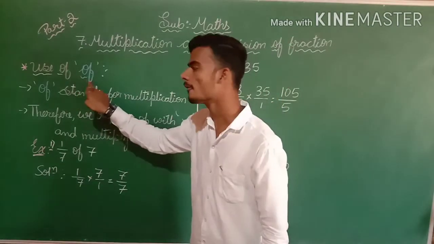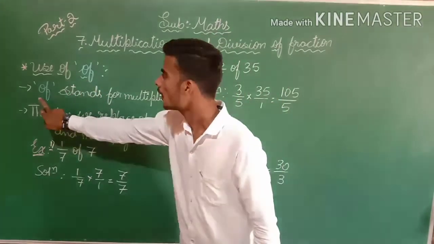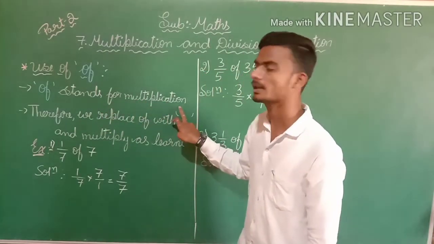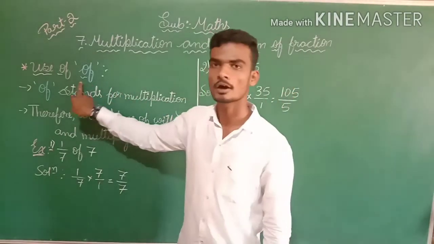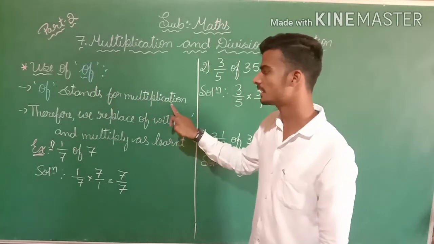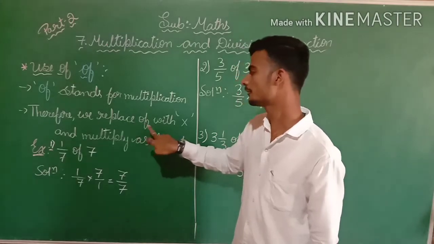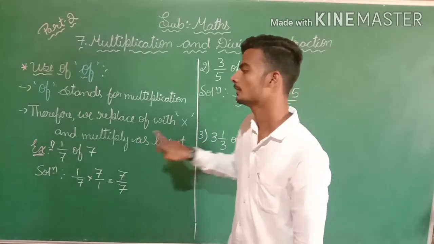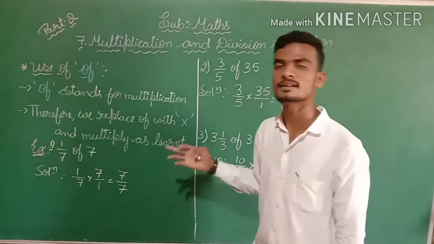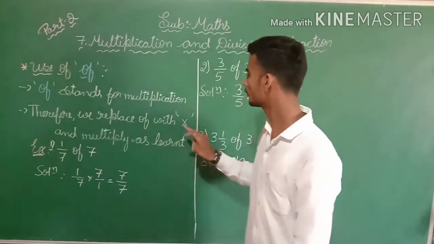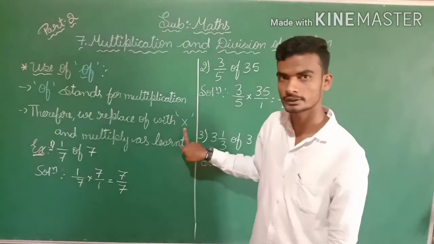See here, "of" stands for multiplication. Okay, of stands for what? Of stands for multiplication. Therefore, we replace "of" with "into" and multiply as we learned. In the place of "of" we have to put the "into" mark.